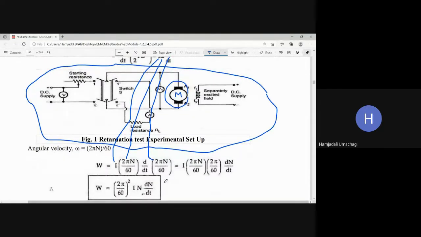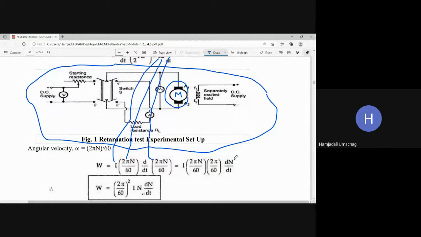So you separate out all the constants. If you separate out all the constants, you will be getting I into 2 pi n by 60, and 2 pi by 60 we are going to take out, and the rest of the things, that is dn by dt.